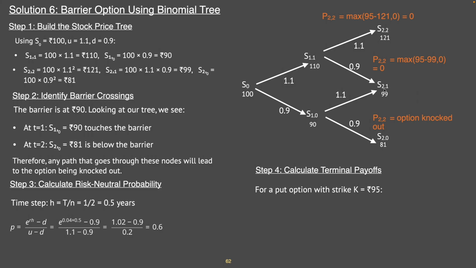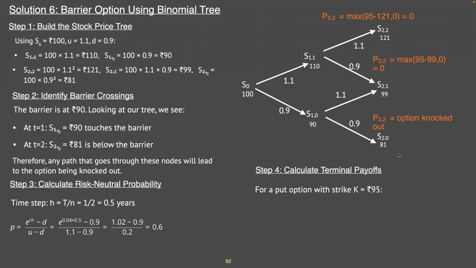Similarly, at S21, it is max of 95 minus 99. 95 is the strike price, 99 is S21. Here also the option price will be 0, because the price of the stock is greater than the strike price. Hence, obviously, the value of the option will be 0, or worthless.